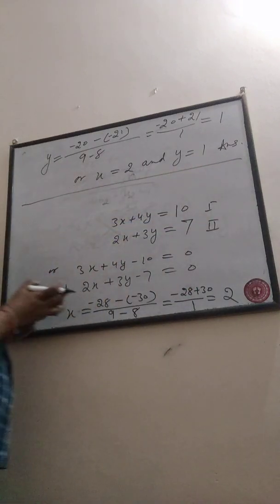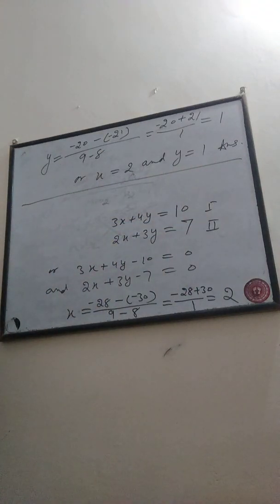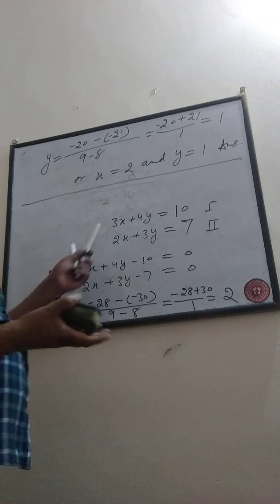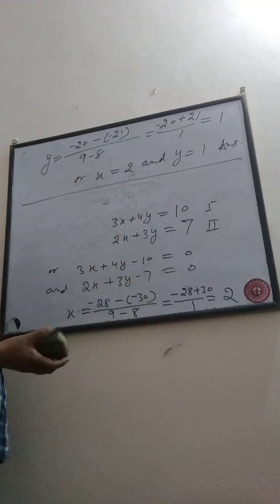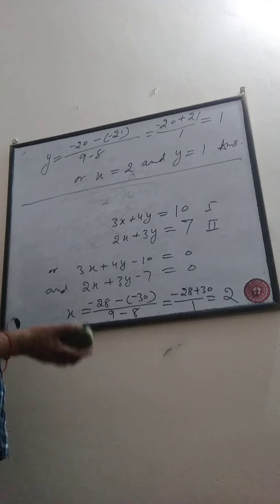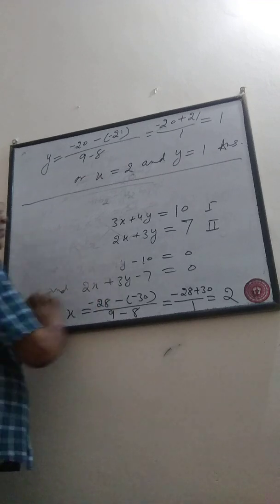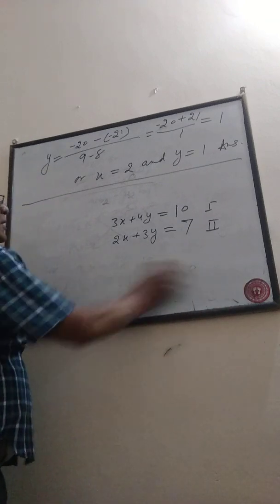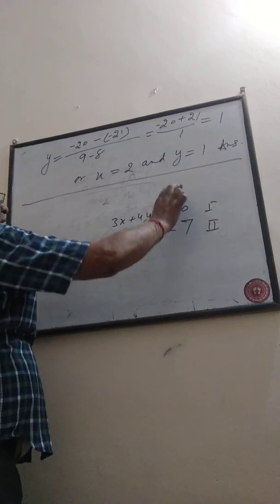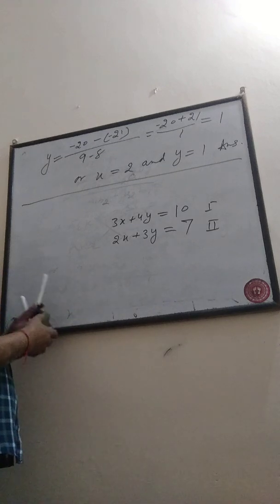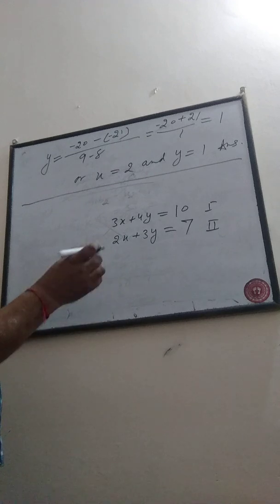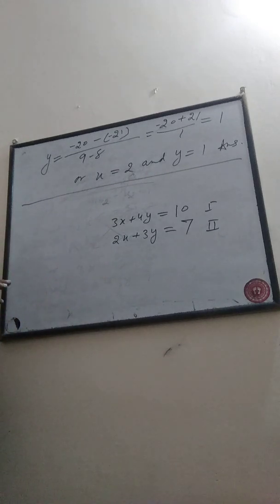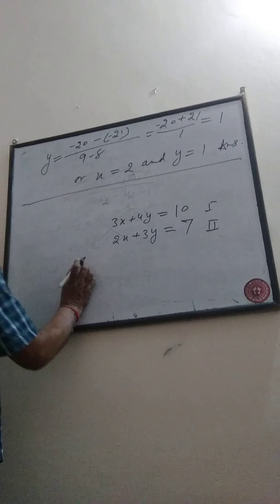So this was the method of cross multiplication used for solving two linear equations. If you don't take these constants to the left hand side, in that case you will only make one change, and that will be like this.